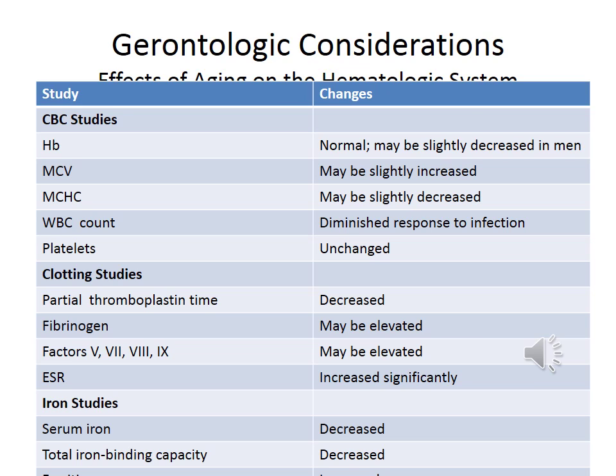These laboratory findings suggest a diminished bone marrow reserve of granulocytes in older adults and reflect the impaired stimulation of hemopoiesis. Platelets are unaffected by the aging process. However, changes in vascular integrity from aging can manifest as easy bruising. The effects of aging on the hematologic studies are listed on this slide.